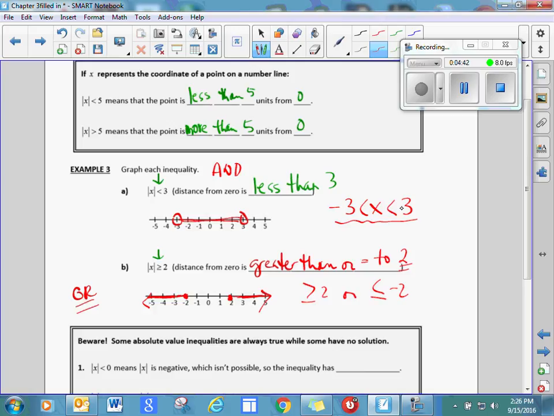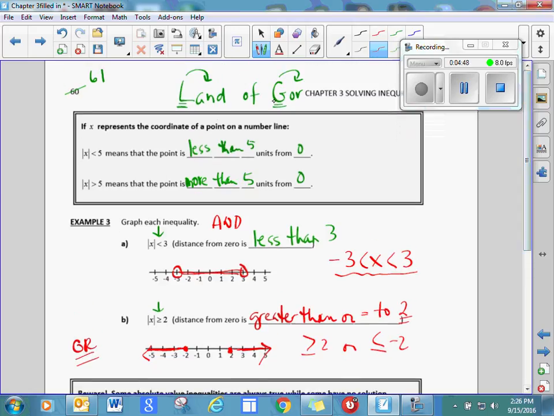So when you are solving these absolute value inequalities, let's go back up here to the land of Gore. When you have a less than symbol, like right here, you are going to use an and type inequality, you're going to solve it and have an and type answer.